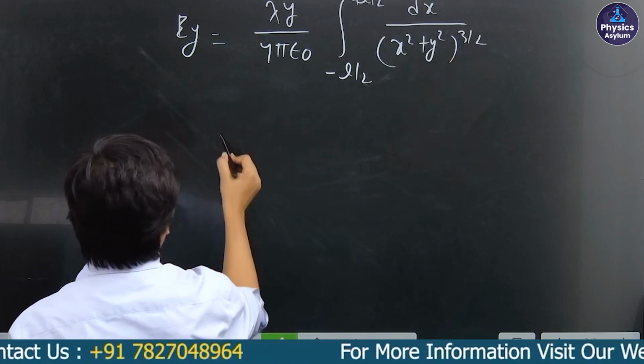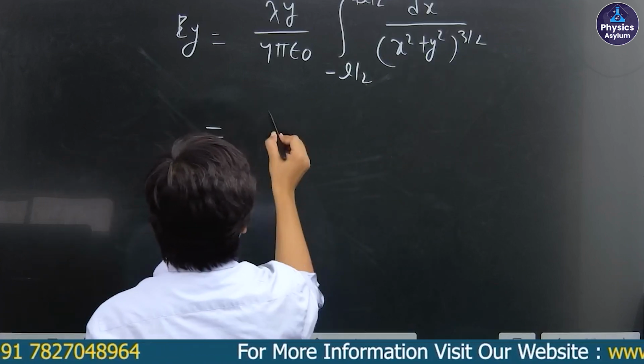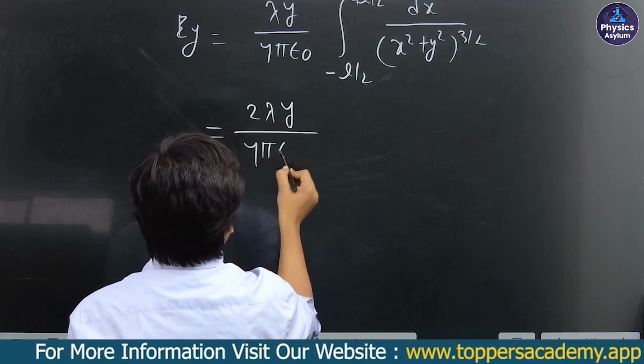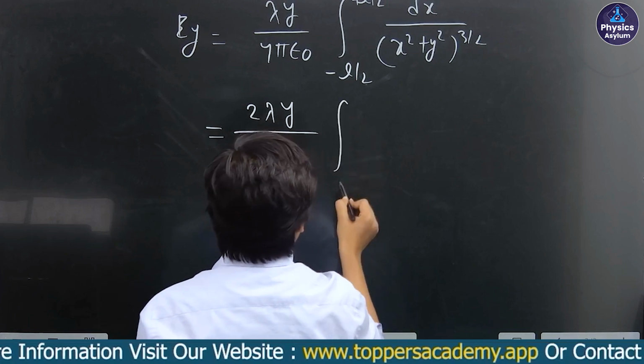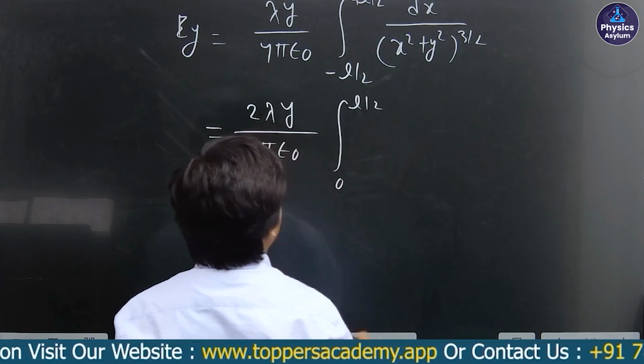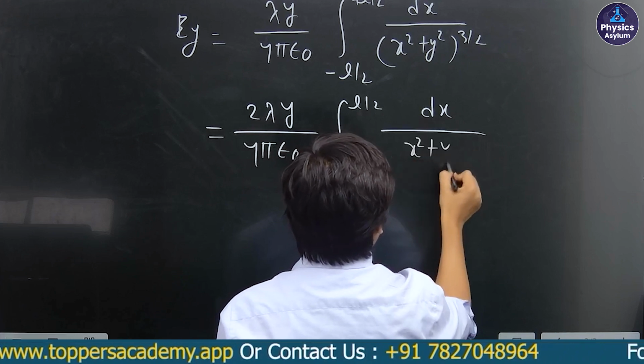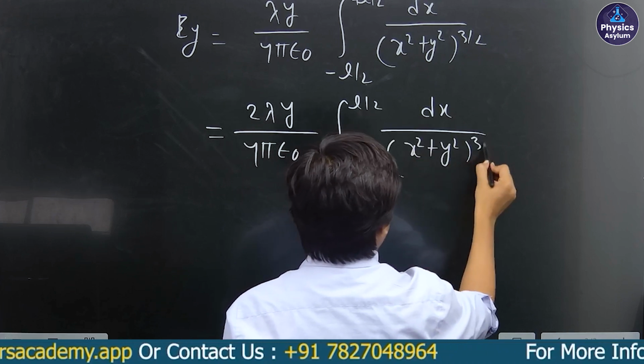Now I can also write it as 2 lambda y divided by 4 pi epsilon naught, integral from 0 to L by 2 of dx divided by x square plus y square raised to the power 3 by 2.